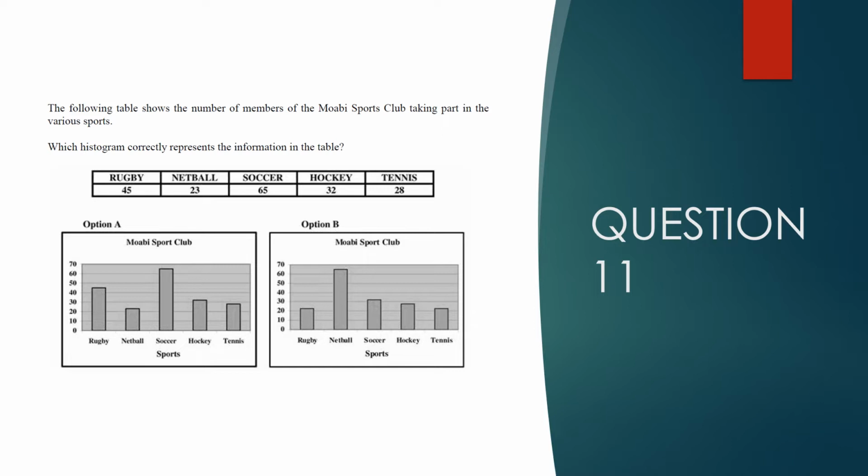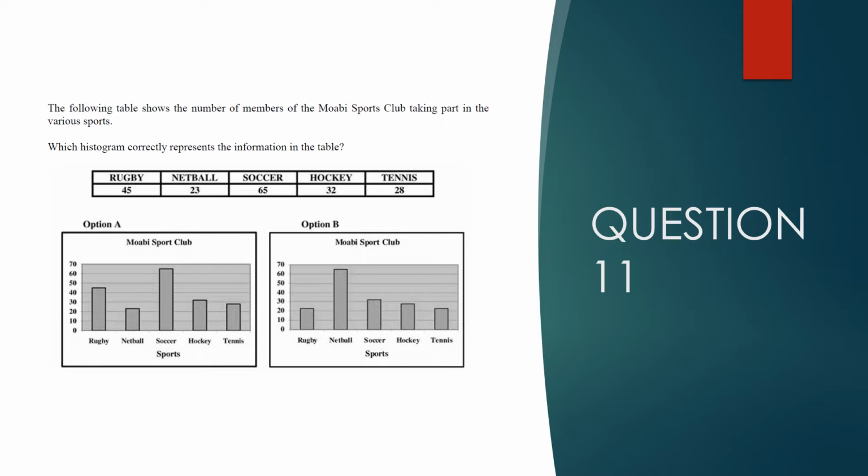We have four charts: option A, option B, option C, option D. Firstly, I would like us to analyze option A and option B so that we can go to option C and option D.